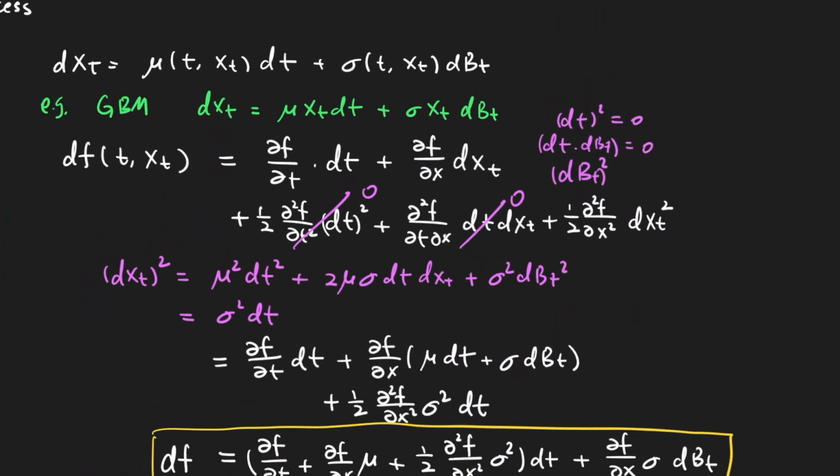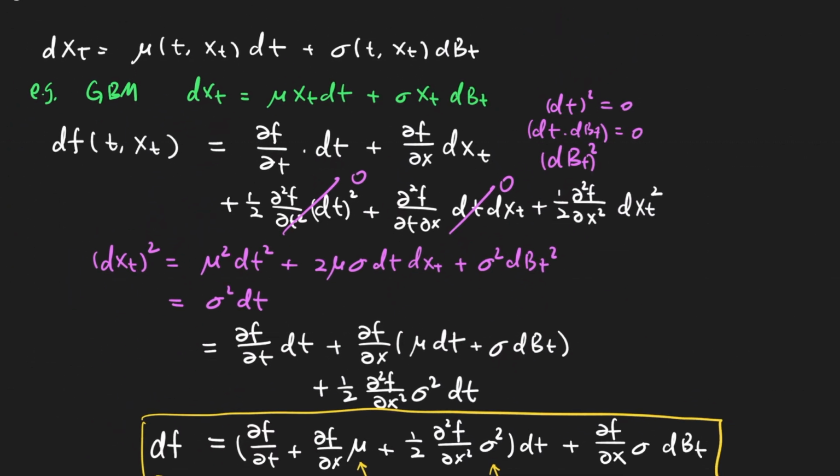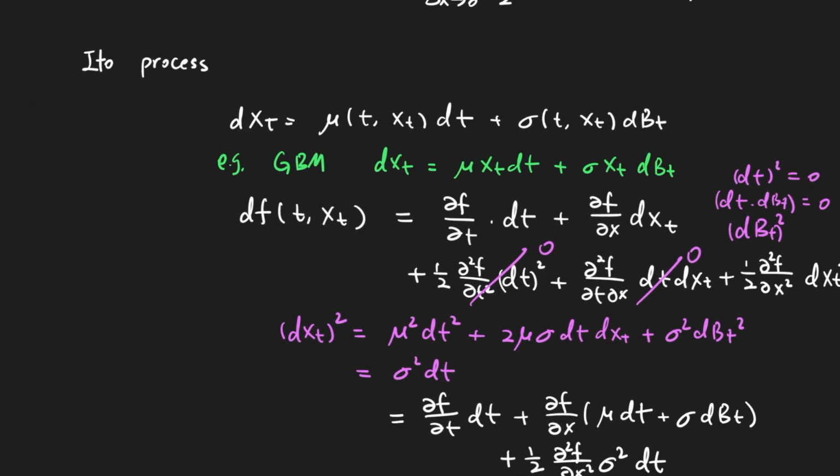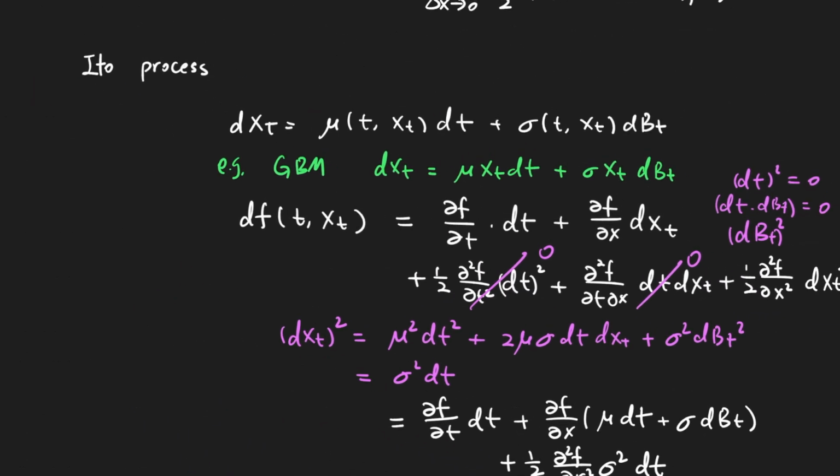So as you can see, the Ito process is actually governed by a stochastic differential equation. If you look at this equation here, the Ito process, because both sides involve the process xt, that is a stochastic differential equation.